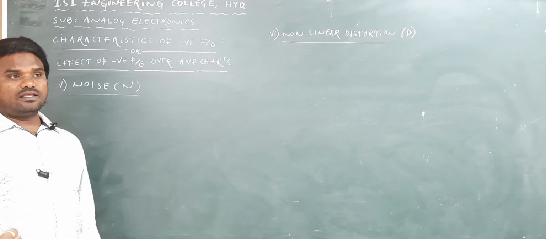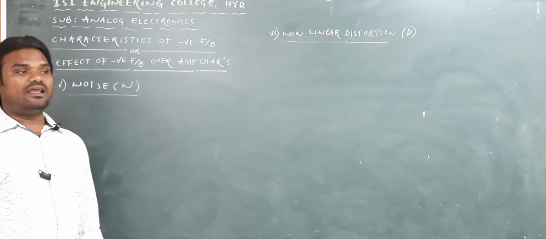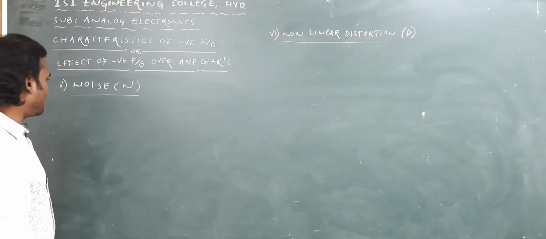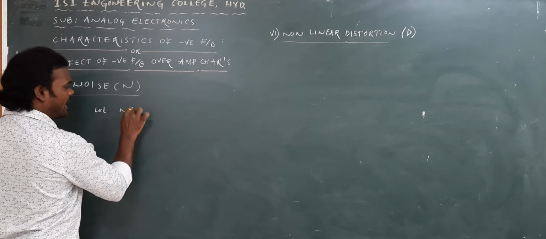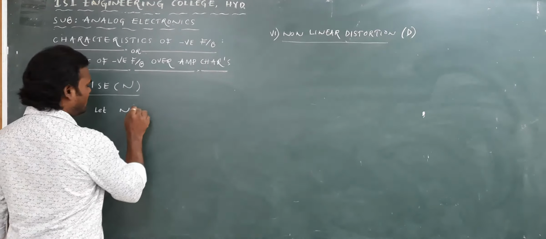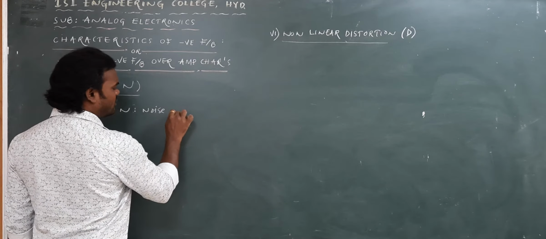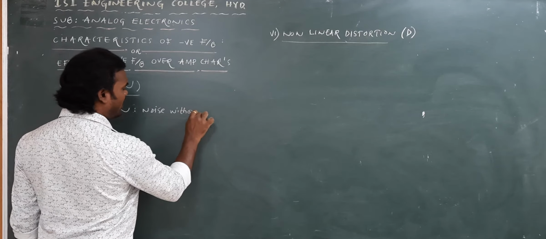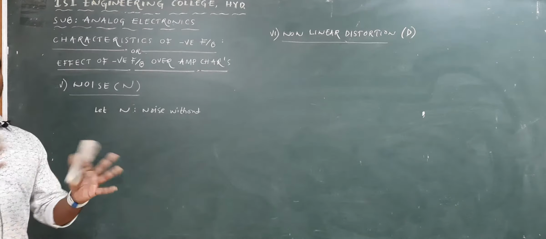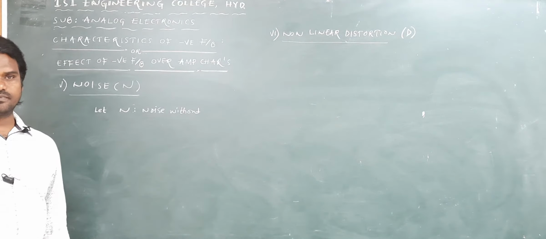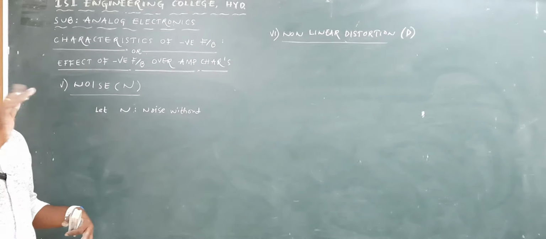Reduces means we have to go with 1 plus A beta in the denominator. That will be simple. Let N be the noise without feedback, or open loop noise. Open loop means there is no loop. Closed loop means we have the loop, that is feedback.